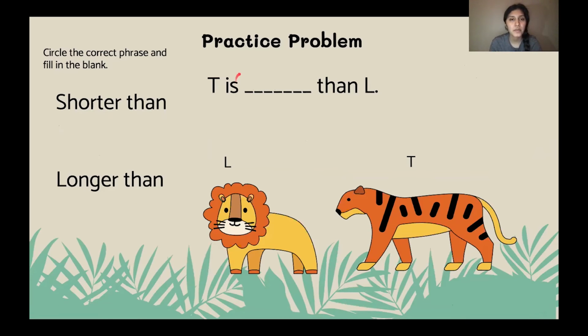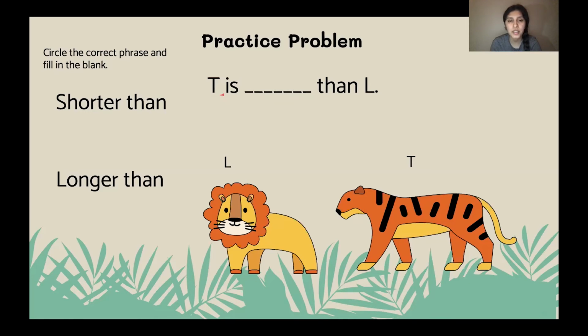Okay, this one says T is then L. This one's T, the tiger, and this one is L, the lion. We have to circle the correct phrase and fill in the blank. When you're copying down the problem, you just have to write, is T shorter than L?